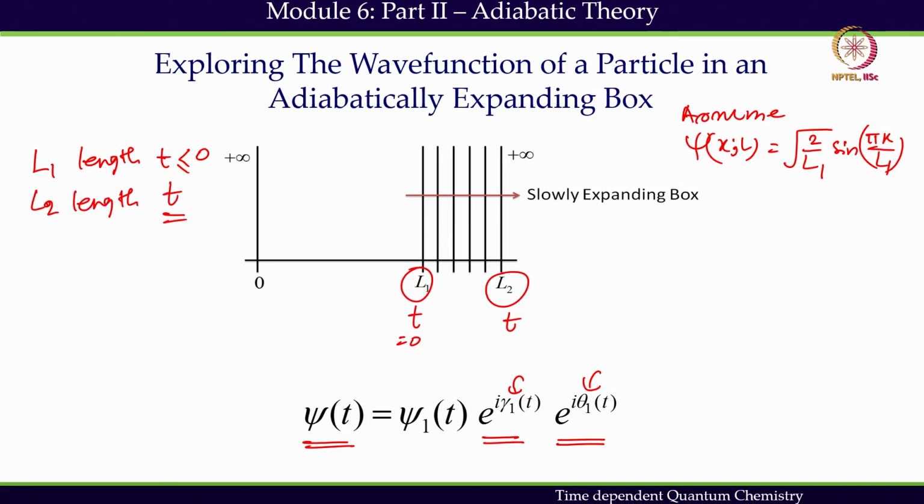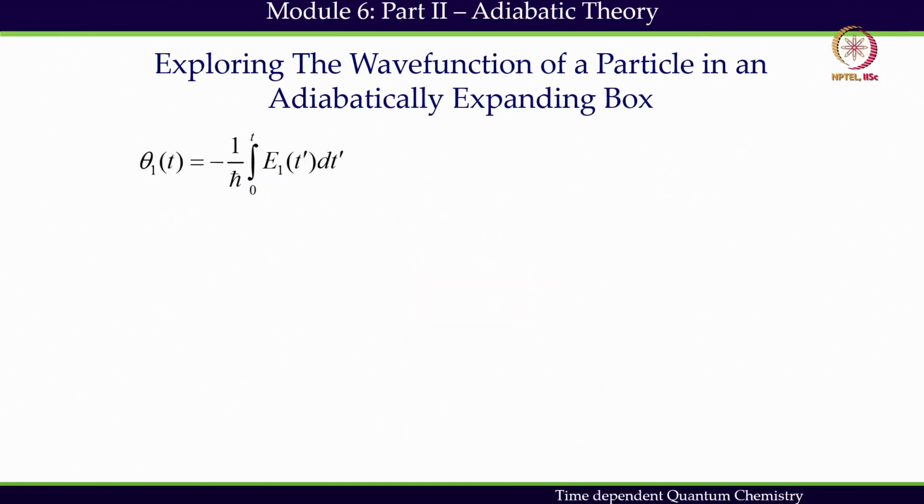So according to adiabatic theory, the wave function at time t, immediately after the length has expanded to L2, is represented by psi 1 t, the ground state wave function at time t, and then its phase factors will be multiplied. We will explicitly see how to get that.